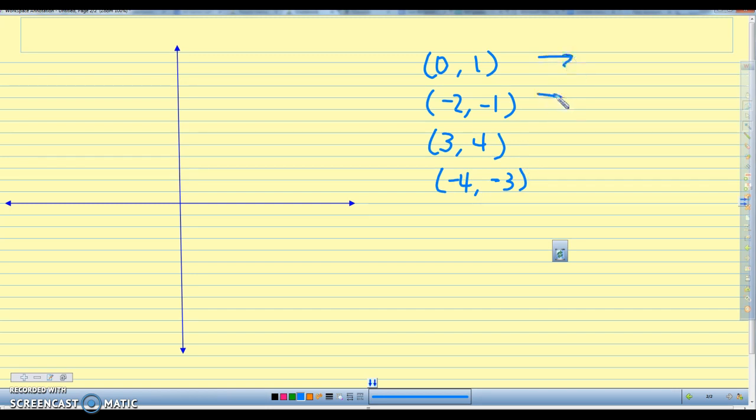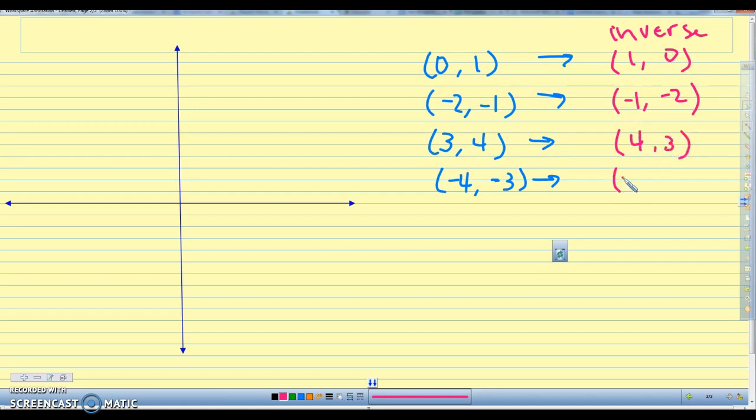And I want to find the inverse of each one of those pairs. Go ahead and find the inverse of each one. Good, so if you're filling in that inverse column, you have 1, 0, -1, -2, 4, 3, and -3, -4.